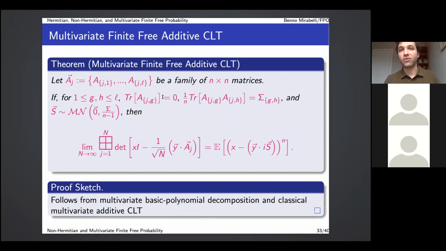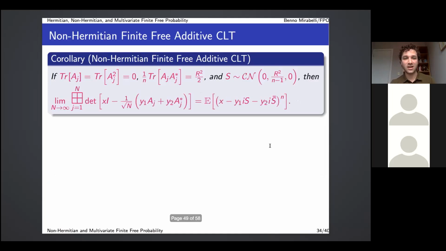I have constraints on the moments up to the first two orders, and I scale each matrix in these families by 1 over square root of capital N. I take the finite free multivariate additive convolution capital N times, let capital N go to infinity, and it converges to this multivariate polynomial that I write as an expected polynomial, where here I get that this is a random vector S distributed according to the multivariate Gaussian from classical probability, which of course is the additive central limit theorem of classical probability. So this gives a nice connection there.